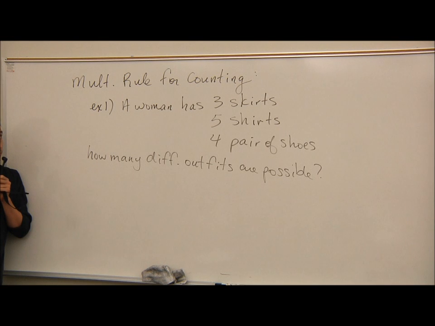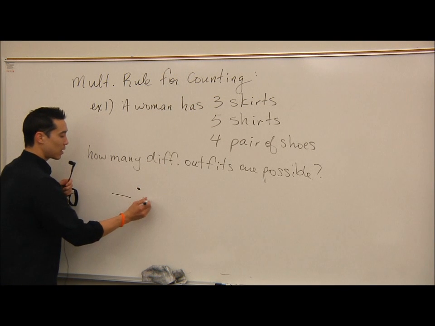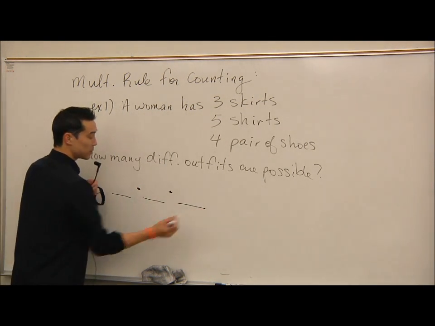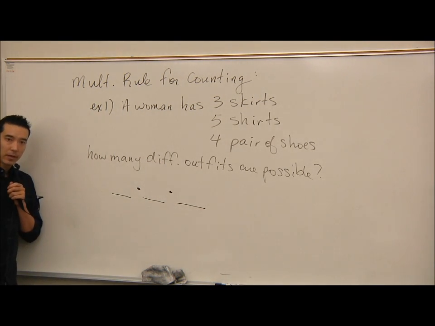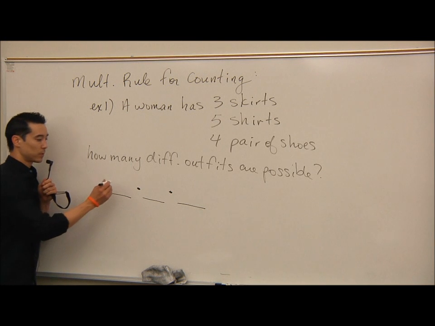This utilizes what is called the multiplication rule. To get the total number of outcomes, we have the number of possibilities times the number of possibilities times the number of possibilities. That's why it's called the multiplication rule. With skirts, how many possible skirts do we have? 3.